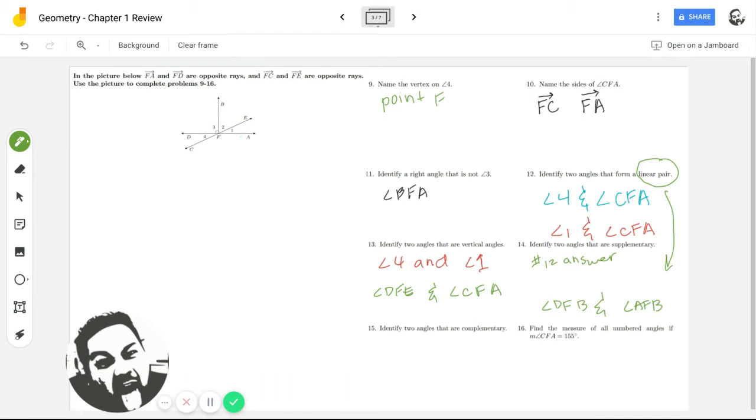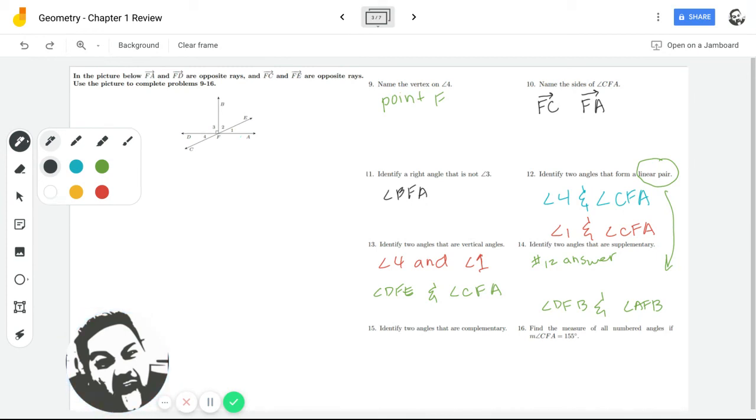Those two angles count as a linear pair, because their non-common sides, FD and FA, are opposite rays, and their common side exists, which means they're adjacent. That would be the definition of a linear pair. Moving on to question number 15. Identify two angles that are complementary.